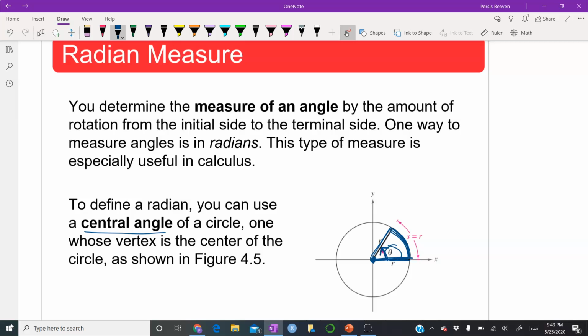And so at that point, the radius, this segment here, if we were to take that straight line and curve it so that it goes along the arc on the circumference, it will be the same length. And so based on that, we define that as 1 radian, when the radius being curved around the circumference is the same length.